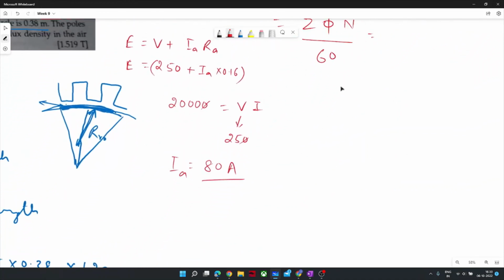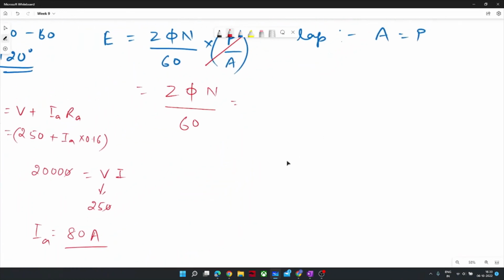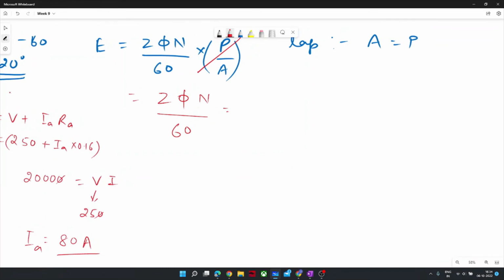With the help of this, we can compute E, and E will come out to be 250 plus 80 into RA, that is 0.16, and this E value will come out to be 262.8 volts. And now we know the value of E, 262.8 volt.